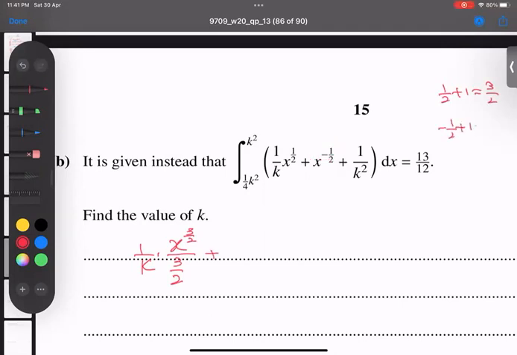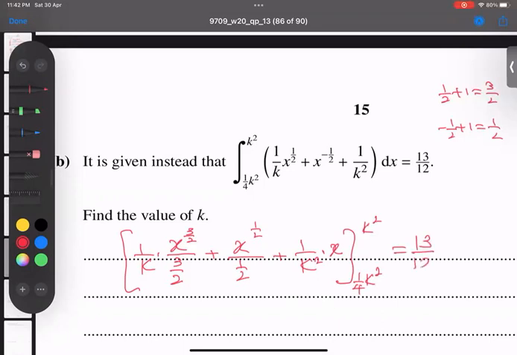If I add 1, it gives you half. So x to the power half and divide by the same value. But what is the integration of a constant? 1 by k square as it is, times x comes only beside it. And the limit is from 1 over 4, and here k square equals 13 by 12.